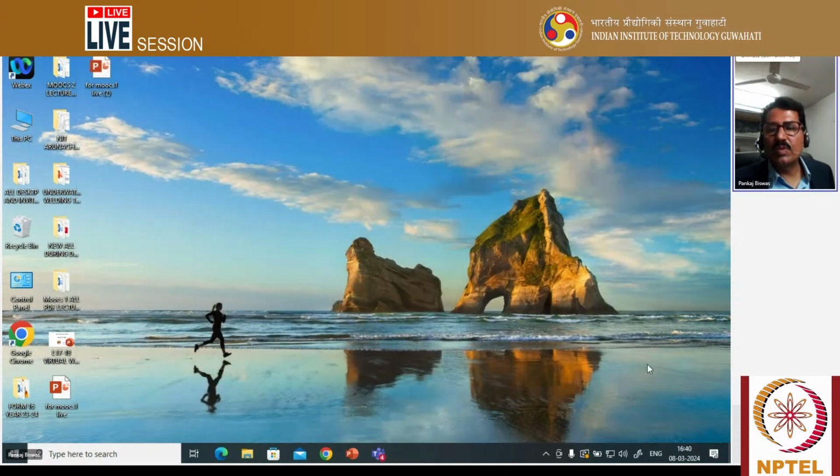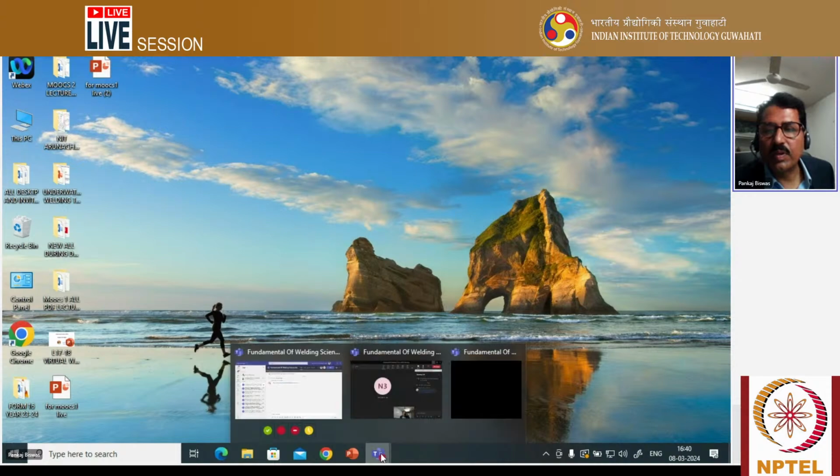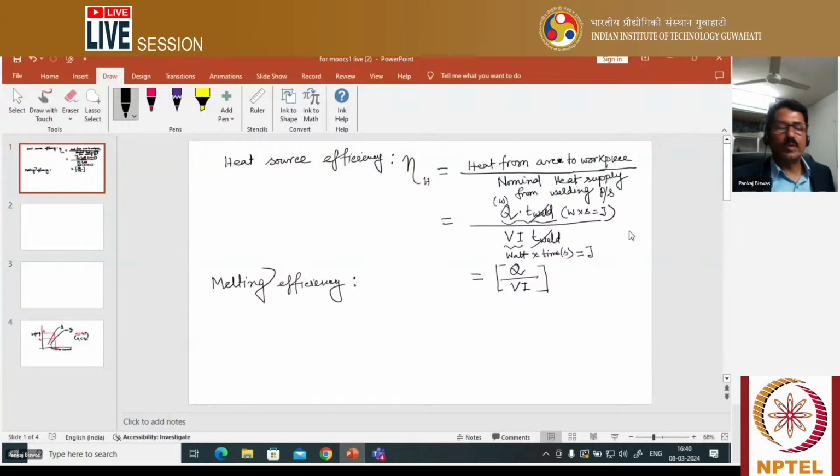So what we were discussing, heat source efficiency. You can observe that this Q is the heat which is absorbed by the workpiece.